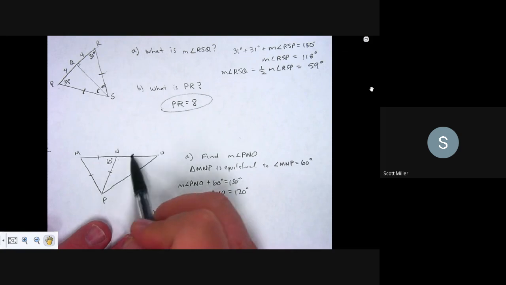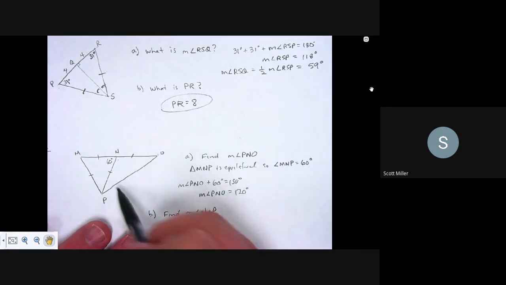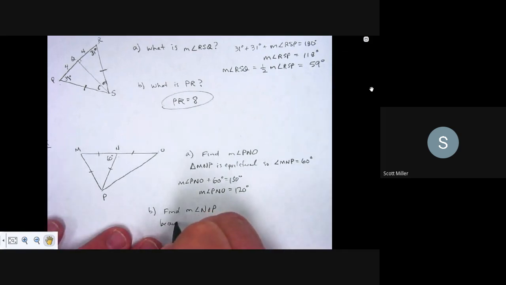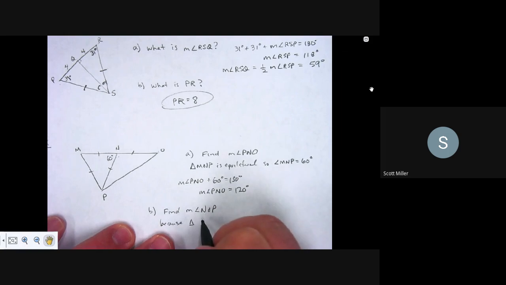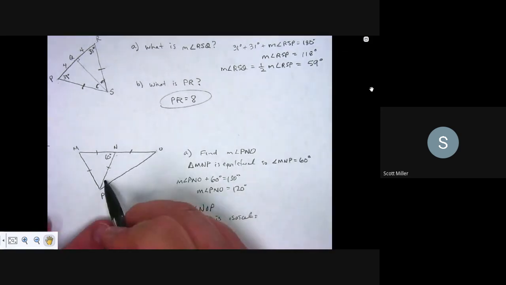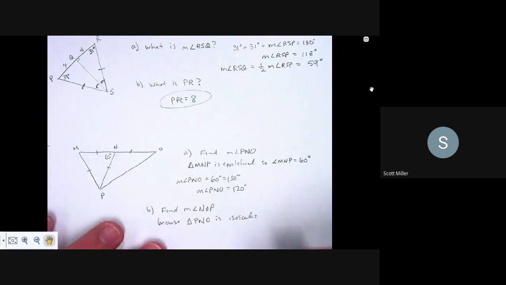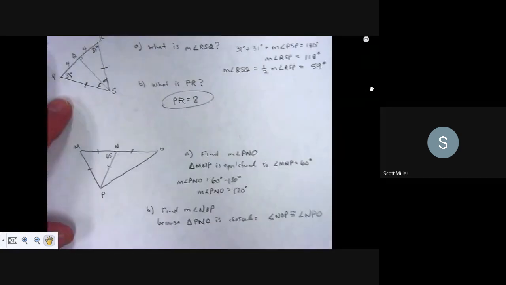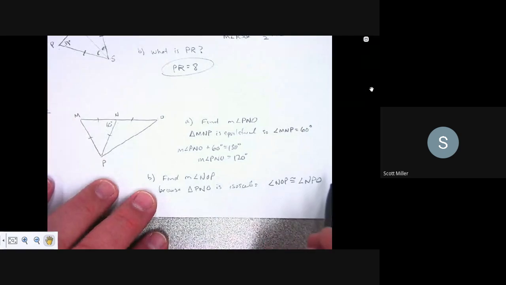Okay? The next one is find NOP. NOP. And because this triangle is isosceles, I know that because triangle PNO is isosceles, these two angles are congruent. Angle NOP is going to be congruent to angle NPO. So I know that to be true. And so then I can use that knowledge to work all this out.